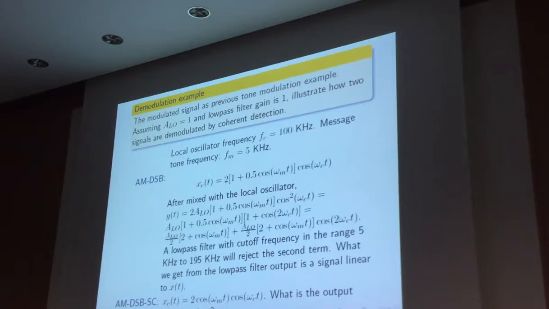Yeah, we have the assumption that A_LO equals 1. Of course, it's just a constant. No matter what the value is, it's a constant. Okay? All right. Can you explain the whole thing one more time again?